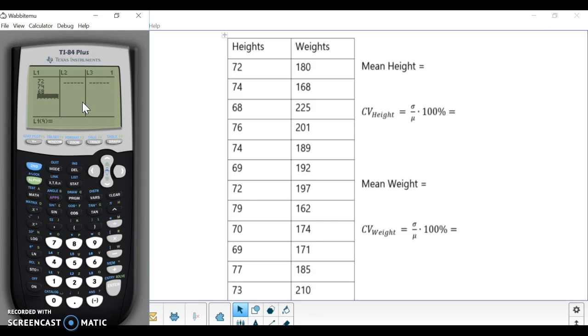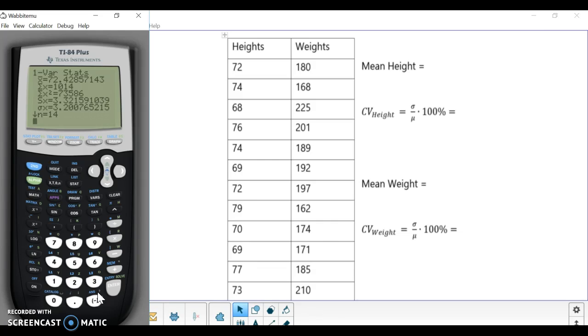Okay, so enter the number and then hit enter. Then hit Stat again, arrow over to the middle menu, the Calc menu, and then hit enter. We want the first one, then enter one more time.